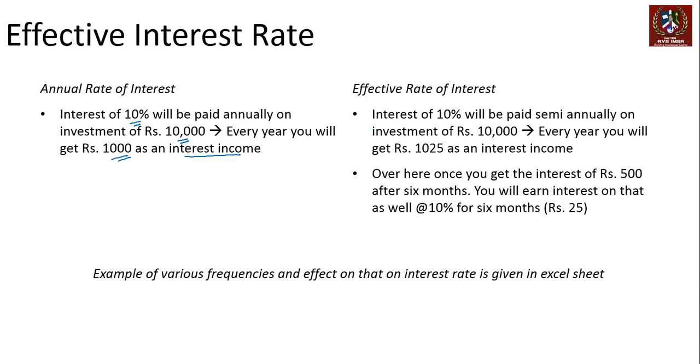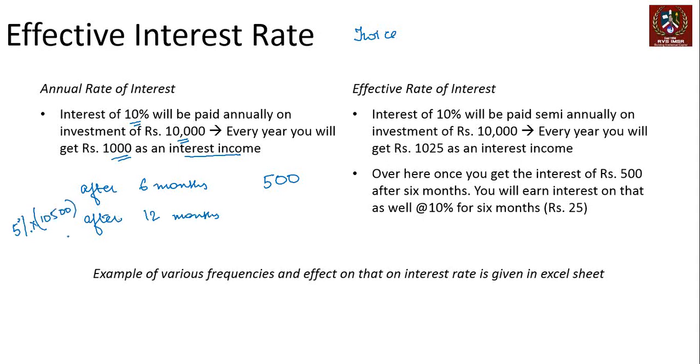So if you have a compounding frequency of twice a year, then after 6 months, you will get 5%, which will be 500 on 10,000 rupees. And after 12 months, remember, you are going to get 5% on 10,500, which will be 525.